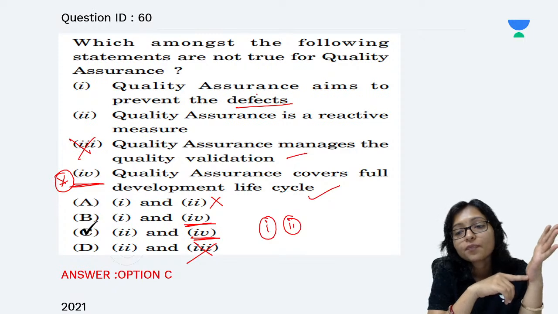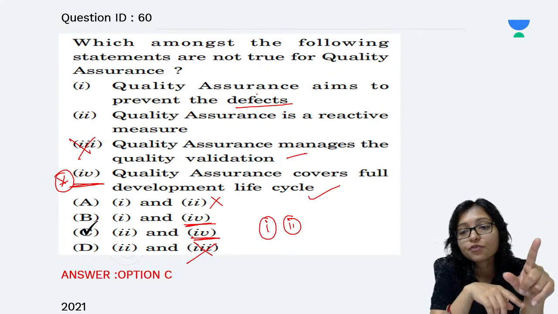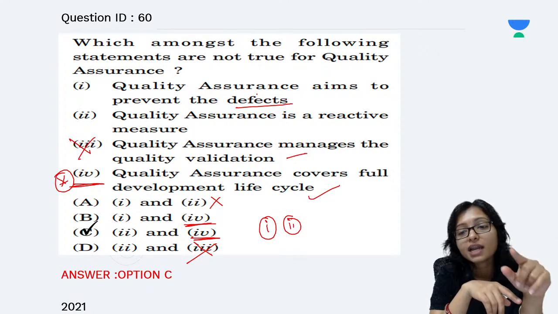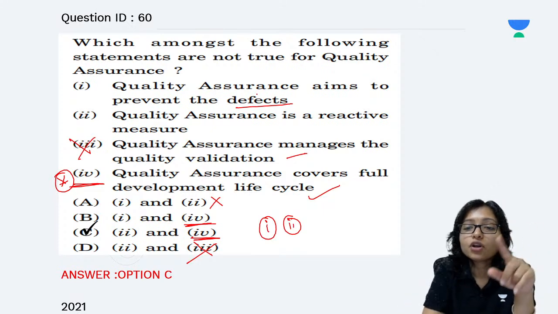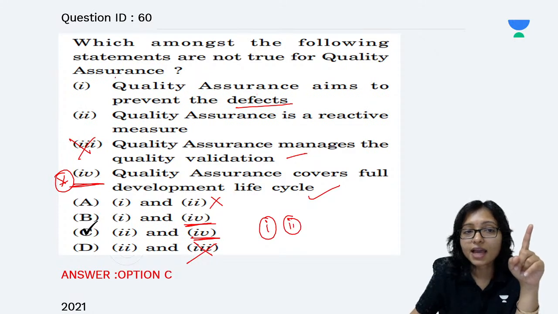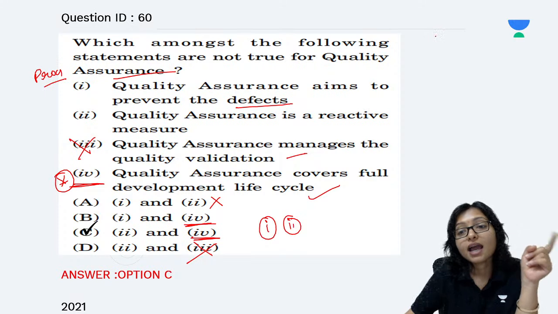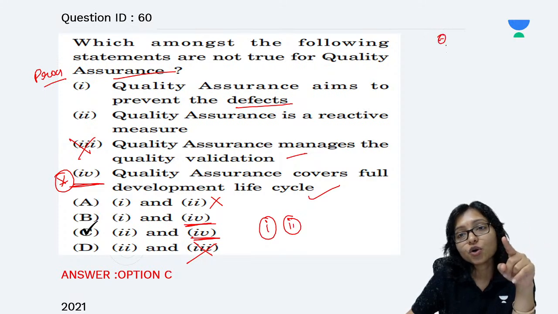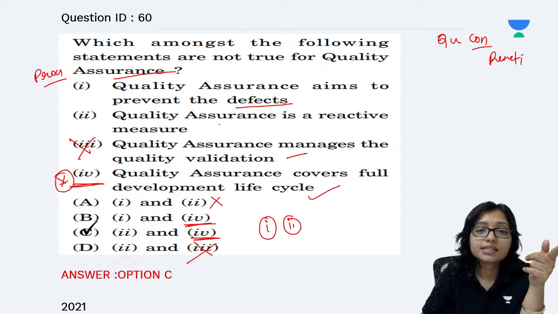Quality control is a reactive process that focuses on effectively identifying the defect in a completed product before it can be shipped to the customer. So quality assurance is proactive, and quality control is reactive. Here it is given that quality assurance is reactive.